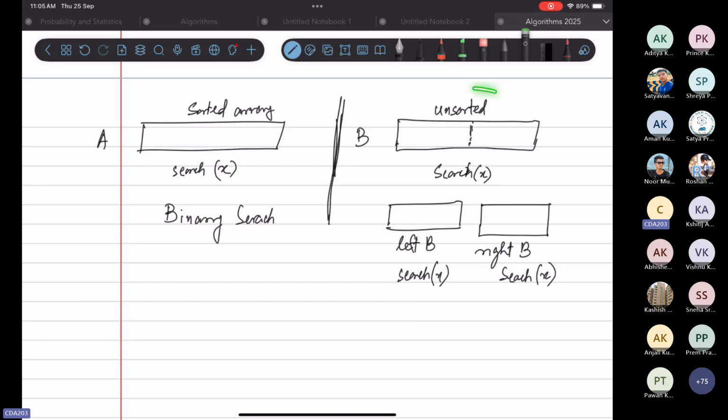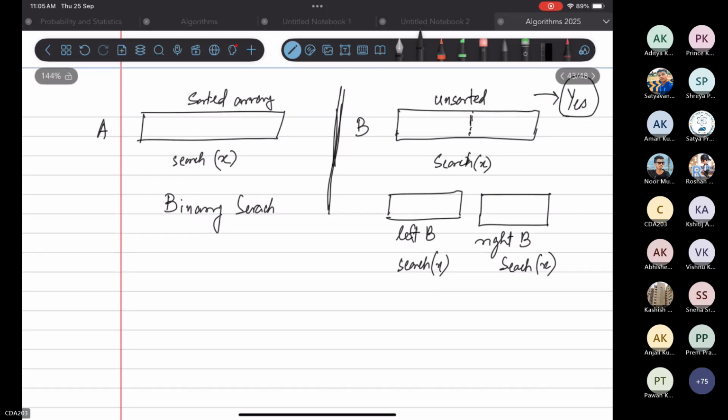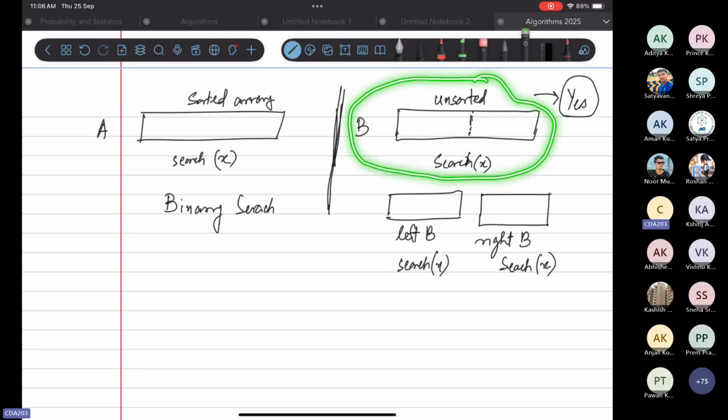Can you think of the yes solution of the original problem in terms of the solutions of the smaller subproblems? Is this question clear? When will the original solution be yes?